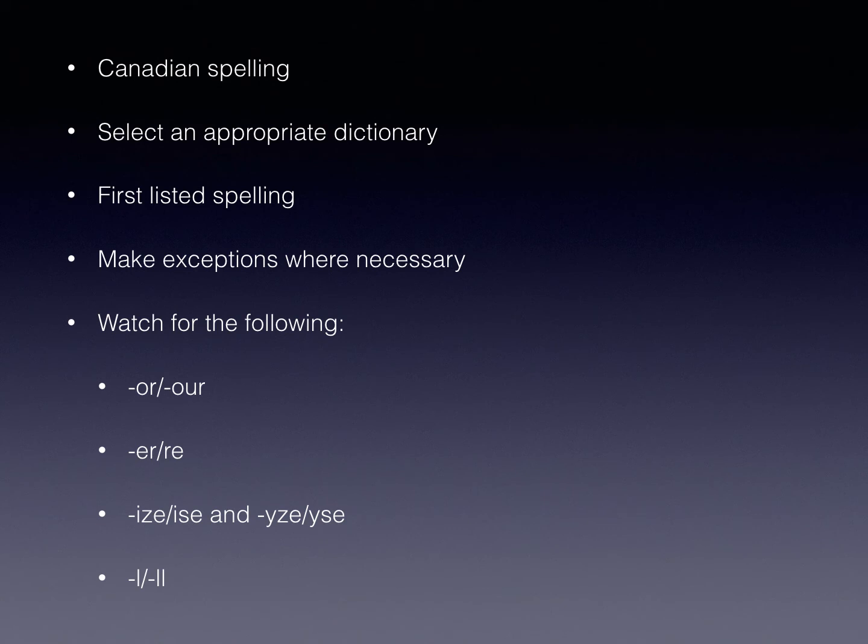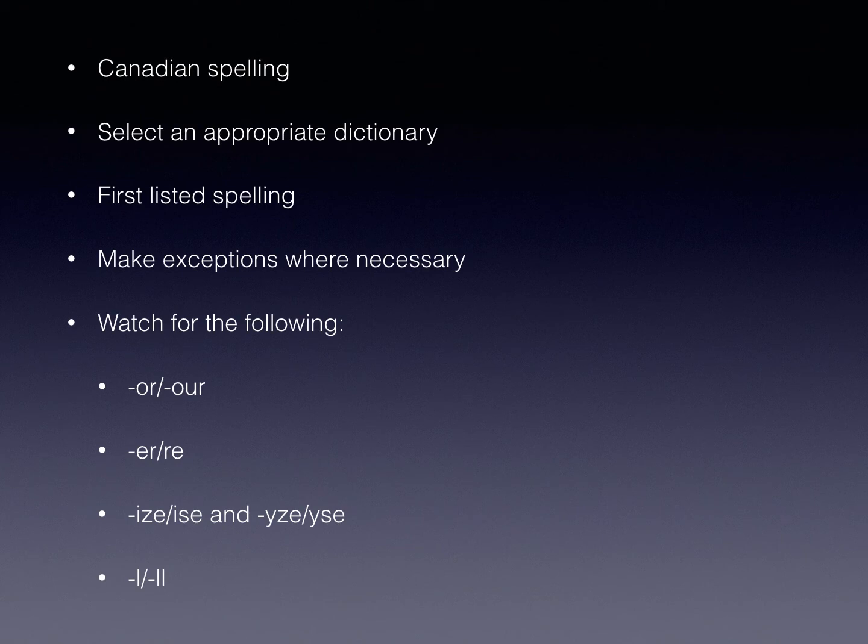So once you've chosen a default dictionary, what you'll find is there are usually a number of variants for many words within a dictionary. You want to default to the first spelling, the first one that's listed under the word.